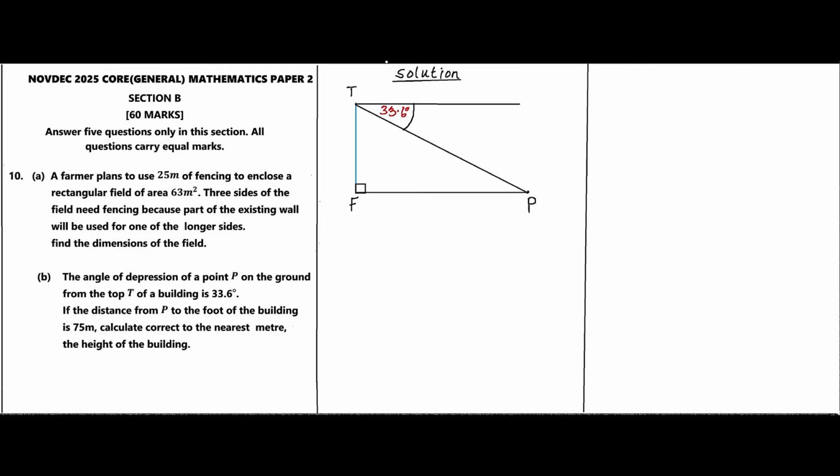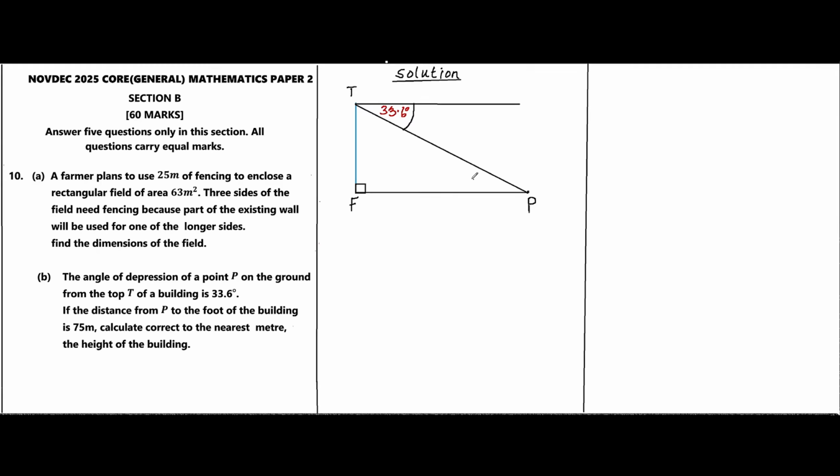So what is the relationship between the angle of depression and this angle? So these two angles are alternating. We know that alternating angles are angles from the alphabet Z. And we also know that alternating angles are equal.